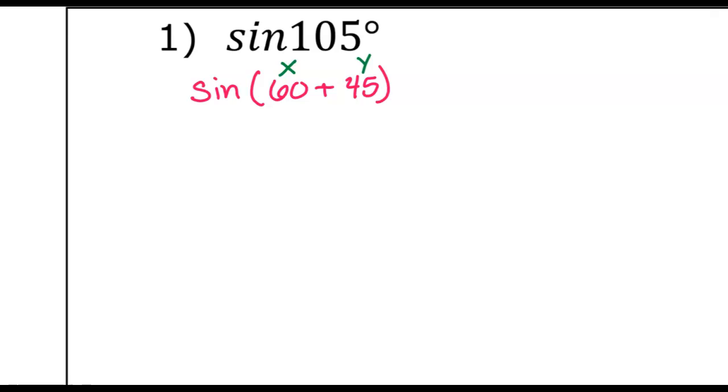It states that sine of x plus y is equal to sine of x, which in this case our x value is 60, times cosine of y, our y value is 45, plus cosine of the x value, which is 60, times sine of the y value, which is 45.